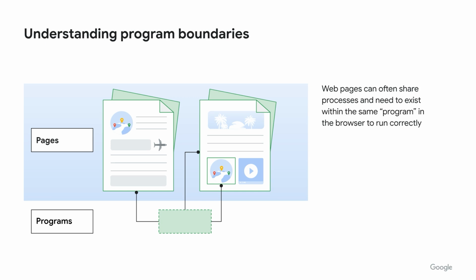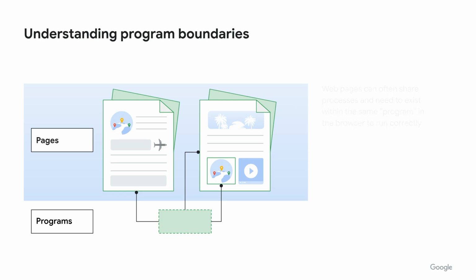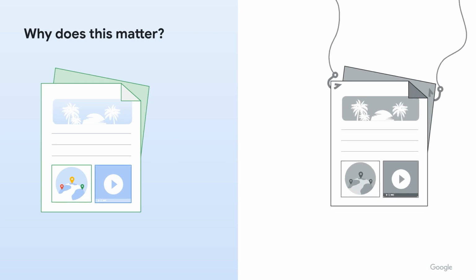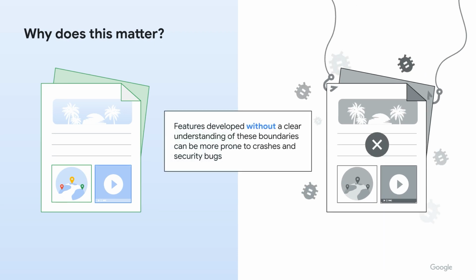This means that these pages would break if they were placed in different processes from each other. Alternatively, a single web page could contain multiple programs, such as a main document and a cross-site video in a subframe document. Features developed without a clear understanding of these boundaries can be more prone to crash or break, particularly if something leaks from one page into another that the engineering team had not expected or planned for. This can also lead to potential security bugs.